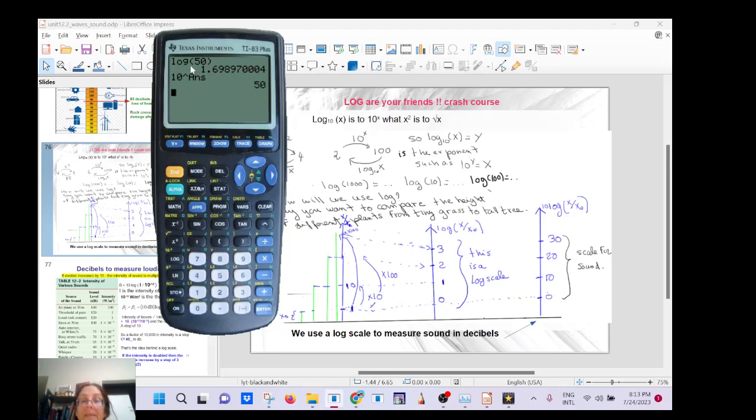So log in base 10 of x is the exponent that you have to raise 10 to, to get that number. Okay, so of course, if you do log of 100, you get 2, because 10 raised to the second power is 100.